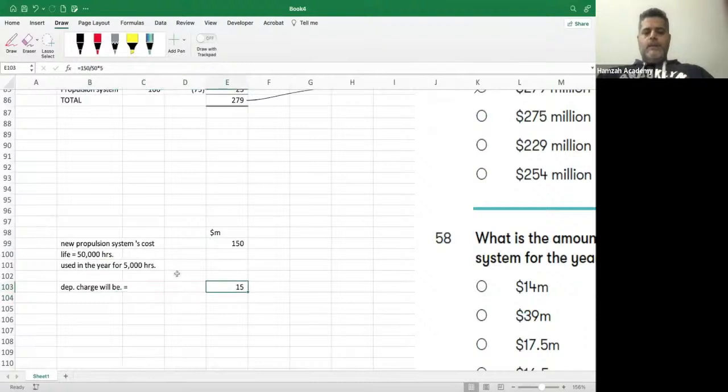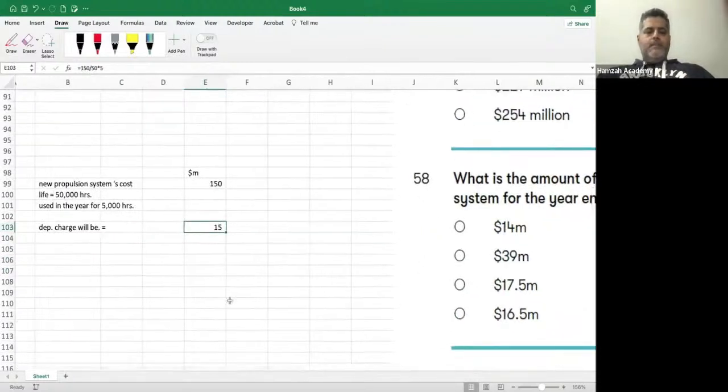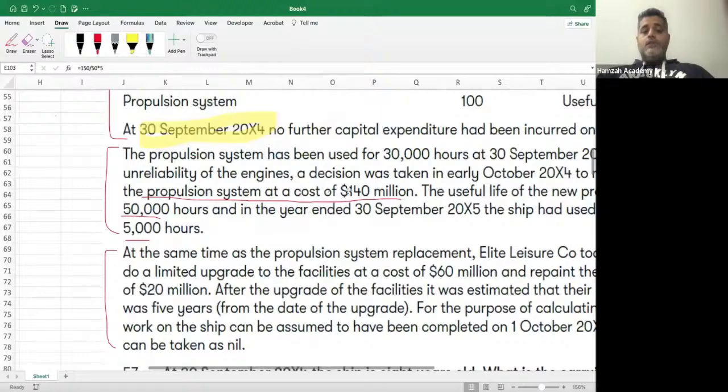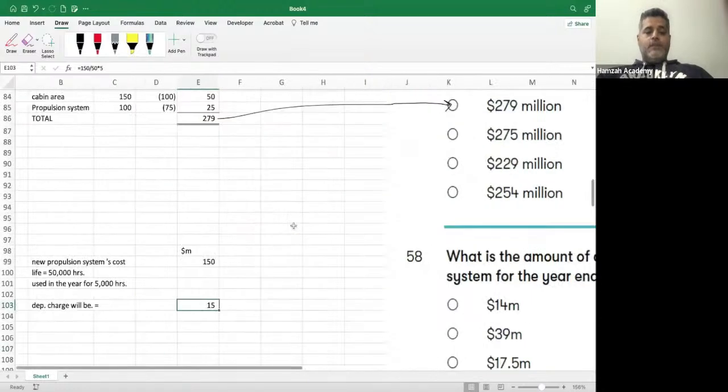So we get 15 million over here. But I'm not getting the 15 million. Why? Okay, sorry. The new propulsion system is at a cost of 140 million, not 150.